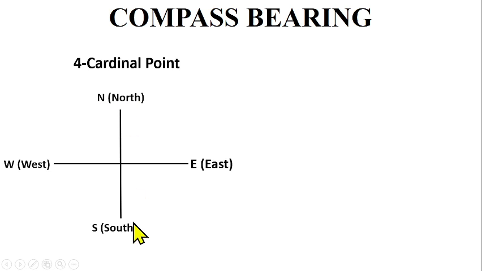Of course, we know that this is north, this is south, this is west, this is east. In these cardinal points, the angle between the north and the east is 90 degrees. Between east and the south, the angle is also 90 degrees. Between south and the west, there's 90 degrees. Between north and the west as well, there's 90 degrees. These are the angles in the four cardinal points.